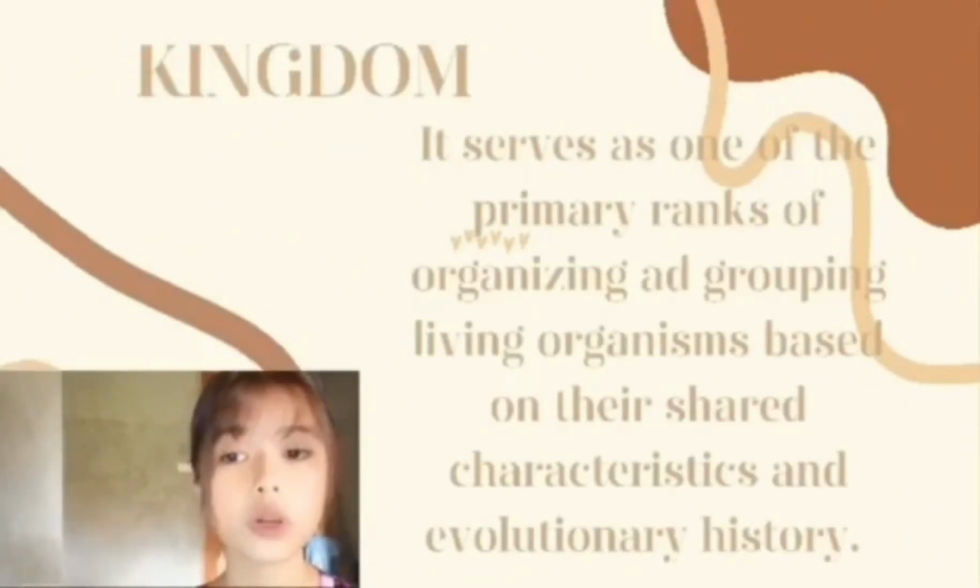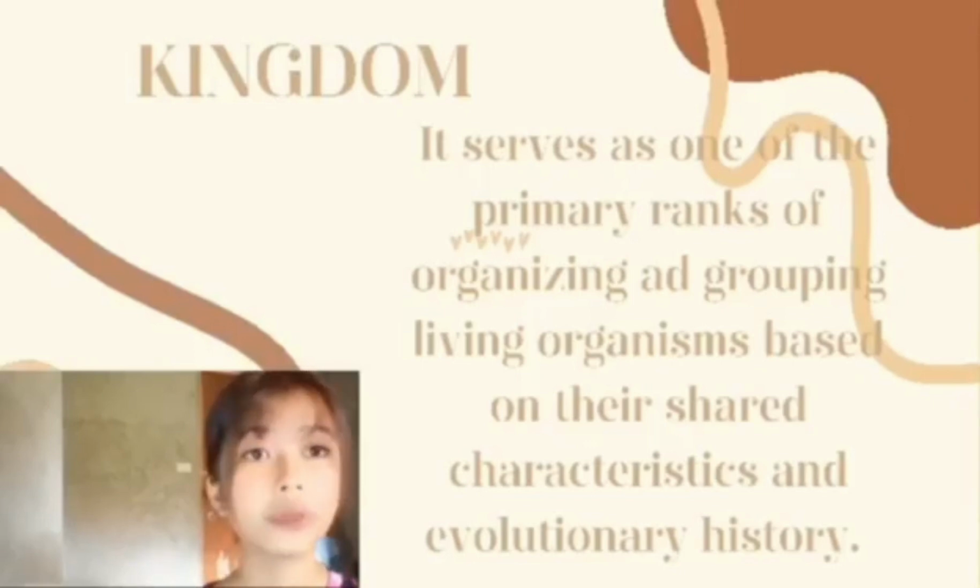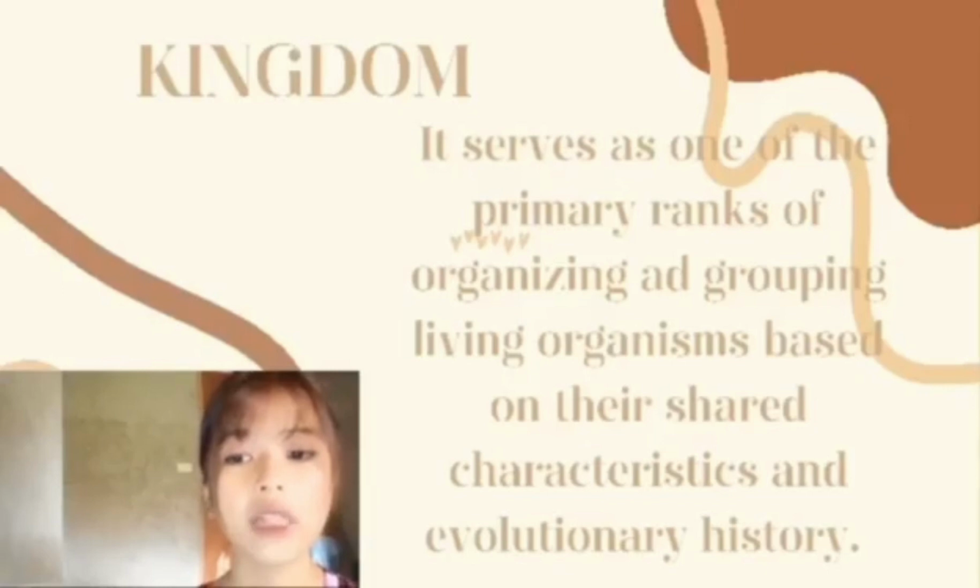It serves as one of the primary ranks for organizing and grouping living organisms based on their shared characteristics and evolutionary history. So the kingdom has 5 classifications: the Monera, the Protists, the fungi, the plants, and the animals.